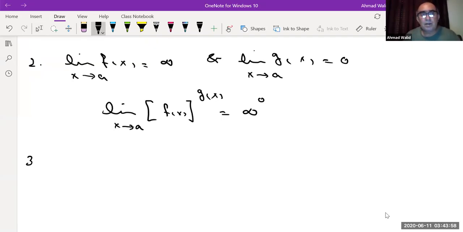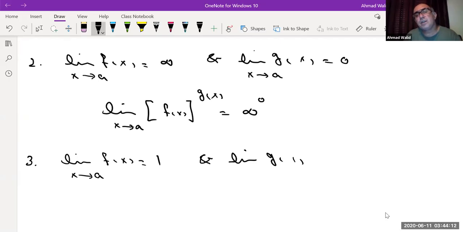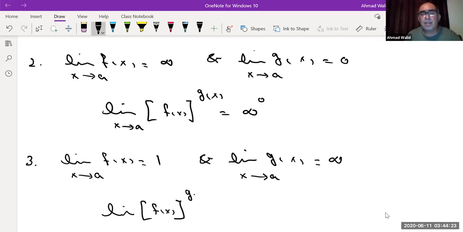Number three, if the limit of f of x as x approaching a gives you 1, and the limit of g of x as x approaching a gives you infinity, then the limit of f of x to the power of g of x as x approaching a will give you 1 to the power of infinity.